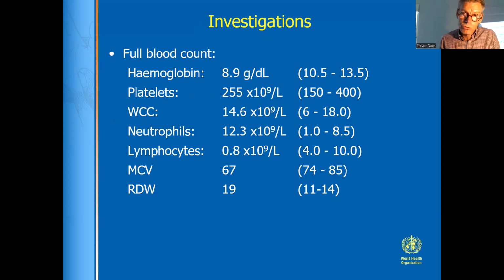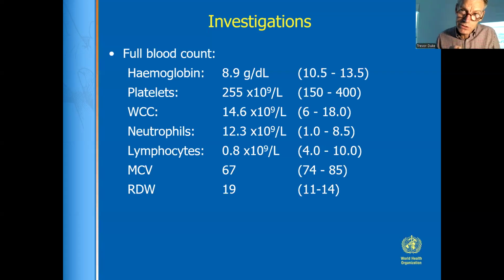Now, not all children who have HIV will have a low lymphocyte count. But if you see a child with a low lymphocyte count, that may be a marker of immune deficiency. It's often also seen in other viral infections or other infections, and it's usually a transient phenomenon that will recover.